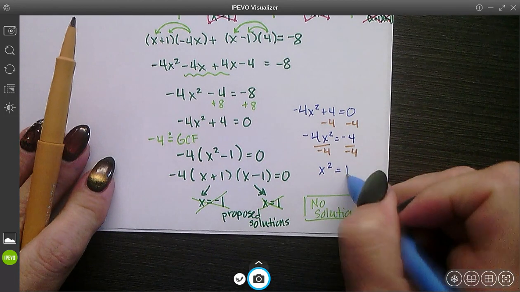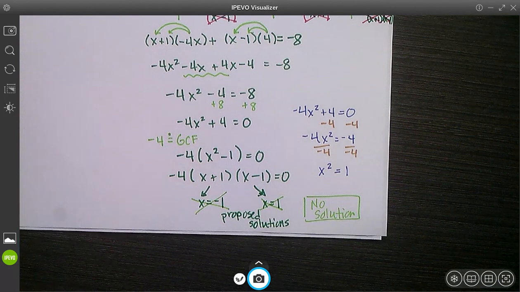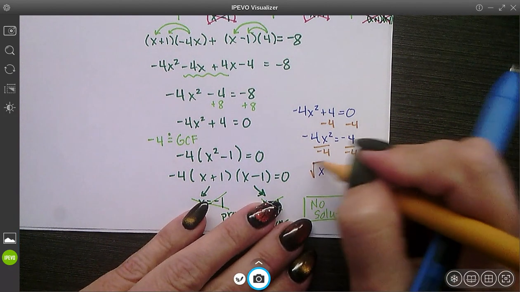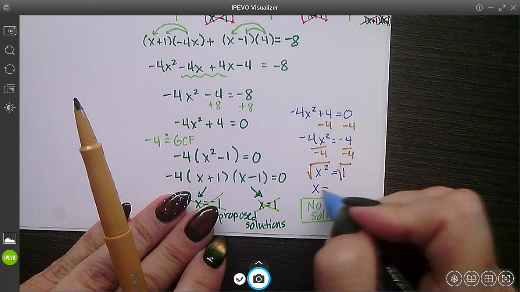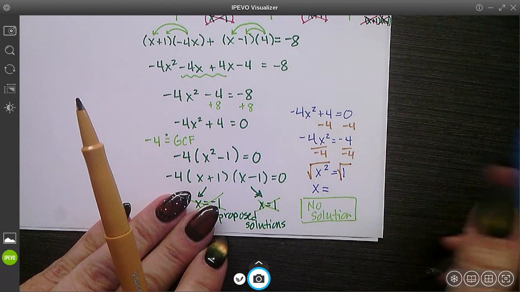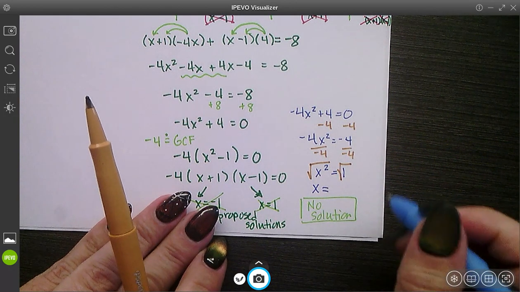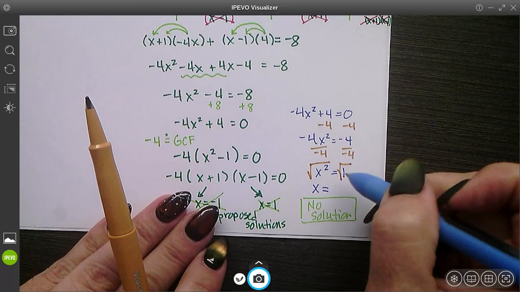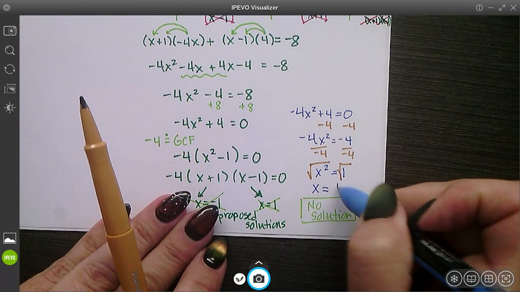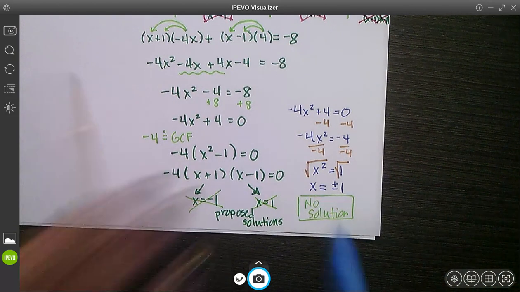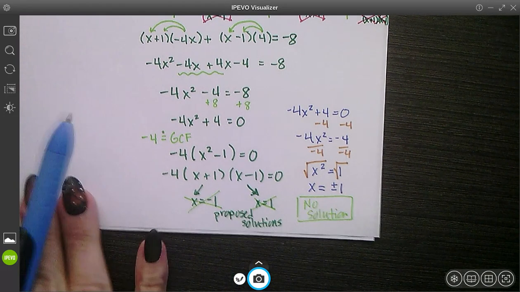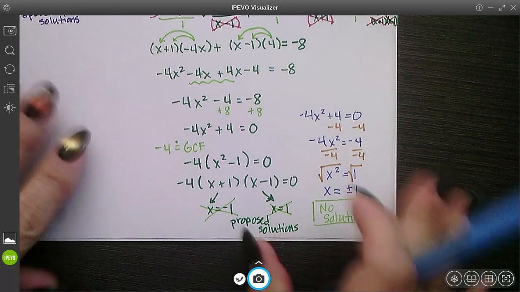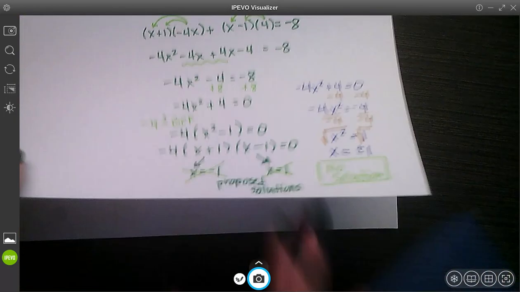So I'm getting x squared equals 1. At that point, I take the square root of both sides, which leaves me x on the left side. And remember that when you take the square root of both sides, you have to use plus or minus on the number side. So I'm going to get x equals plus or minus 1, which is just what we got when we factored as well. So you could do really any method that works to solve these quadratic equations is fine.